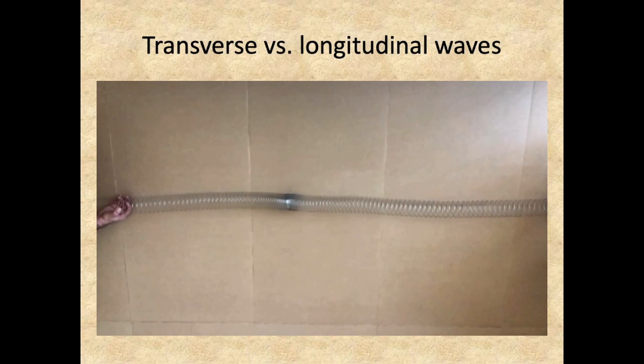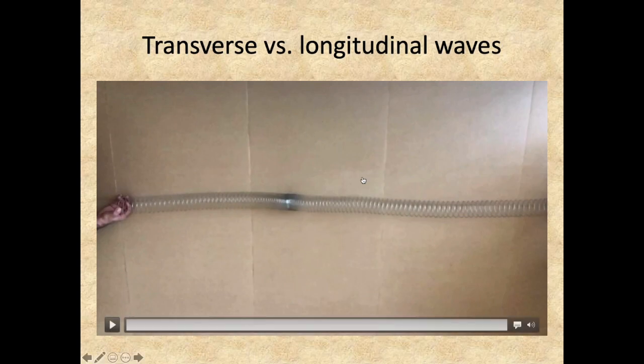So take a moment to think about the difference between the two examples you just saw. In the first one, my hand was moving vertically. In the second one, my hand was moving horizontally. In both cases, the wave was moving across the medium horizontally.